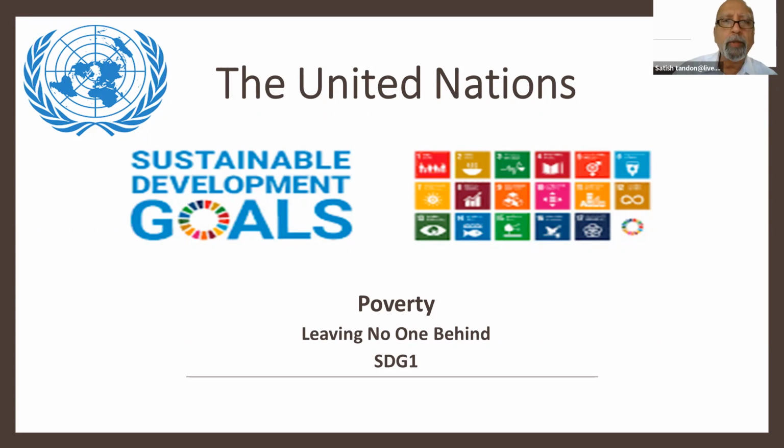Today we are going to start lesson number 5, and this is on poverty. Poverty is such an important objective for the Sustainable Development Goals that it was made the number 1 SDG.